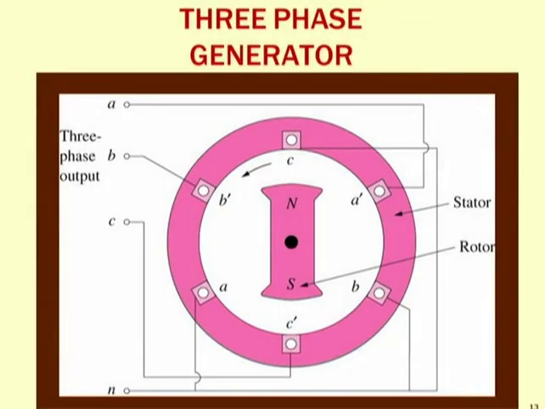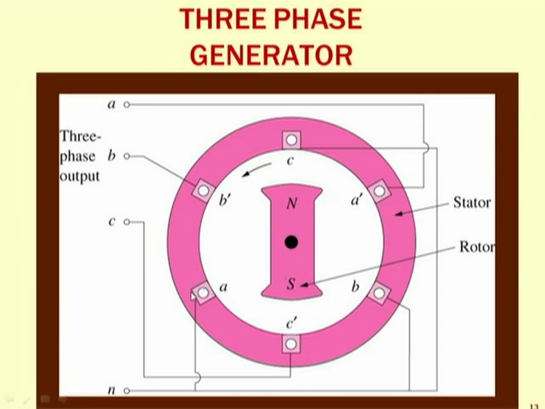Now, in case of the three-phase system, we have 3 windings. Now the conductor may be considered as a coil. If the EMF is induced in a coil and the coil is a closed path, then the current will flow through the coil. So this is my AA dash, which will form the complete coil.